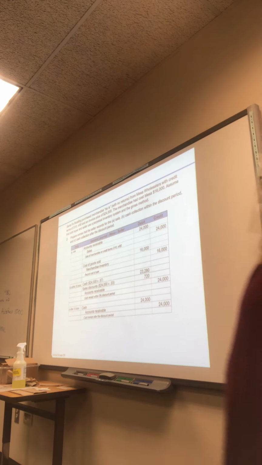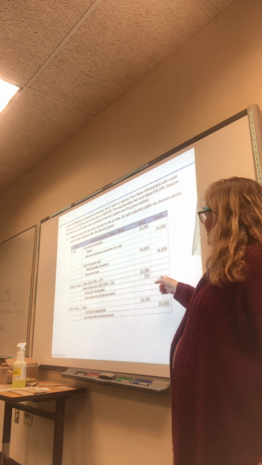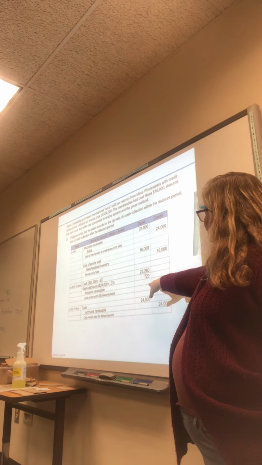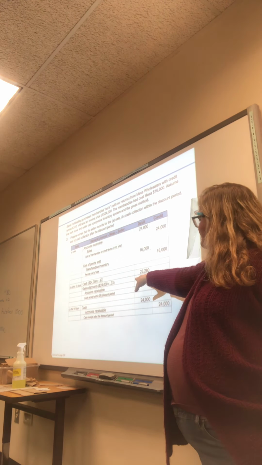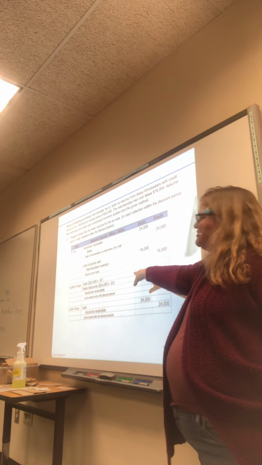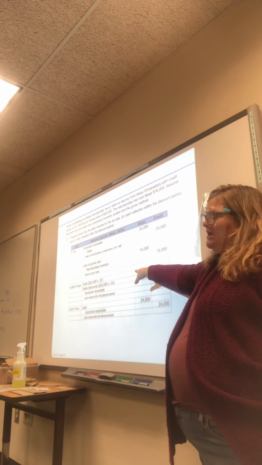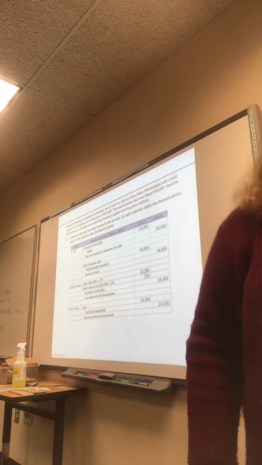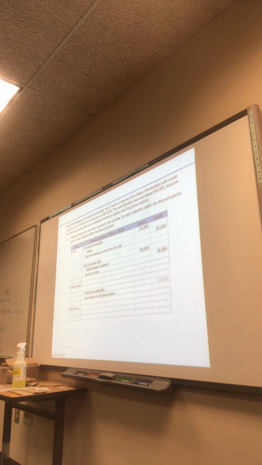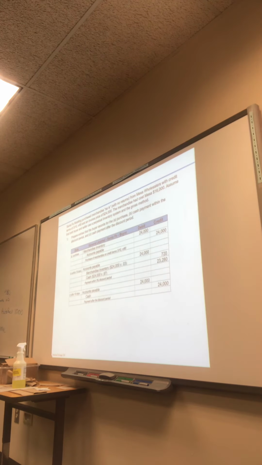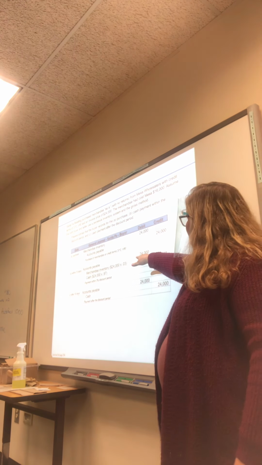Now, look at this. This is what I want to show you though. So here, right here, accounts receivable, we're paying off $24,000, sales discount is $720, and the cash is $23,280 for the seller, right? Y'all see that? If I scroll back to when we were the buyer last week, if you're the buyer, their accounts payable is $24,000.